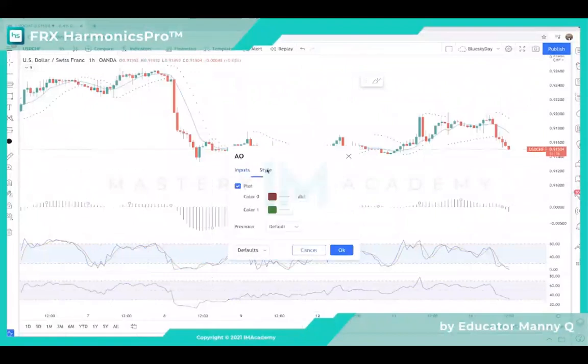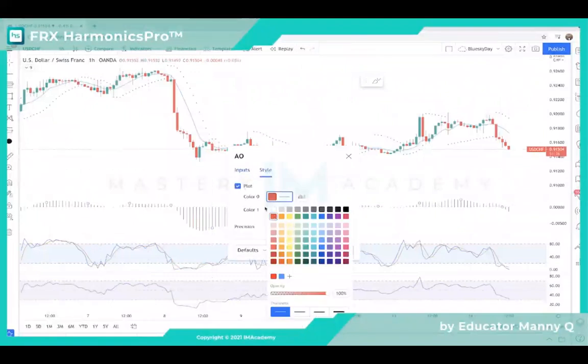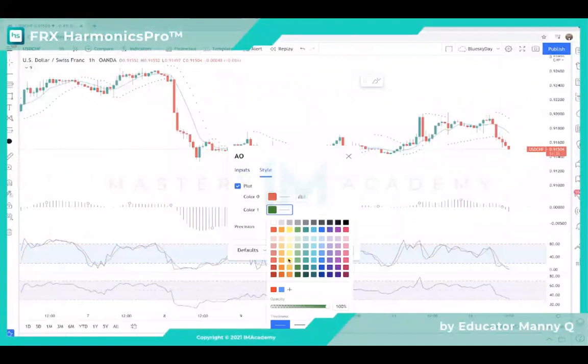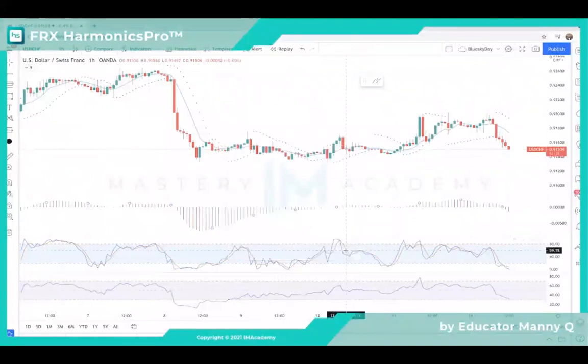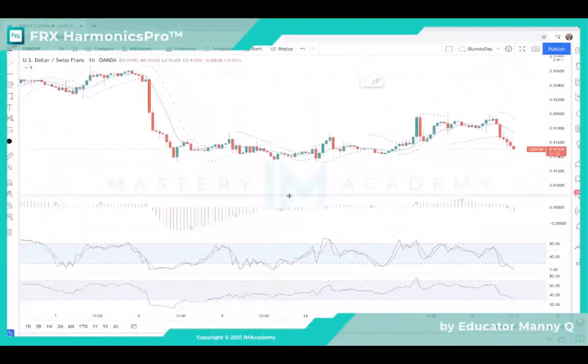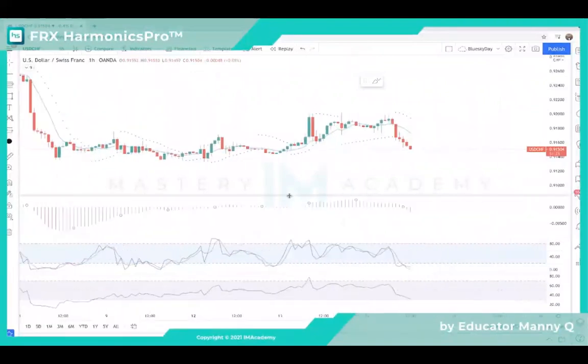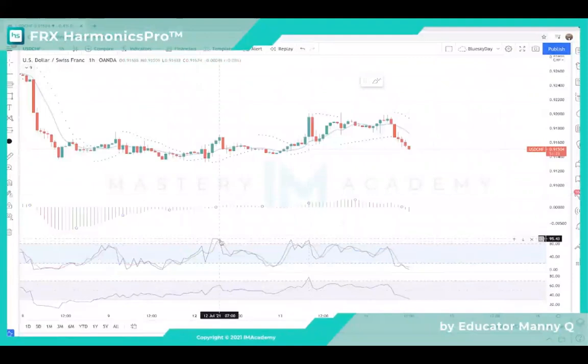And let me just change these colors because these colors are so dark, they are depressing. All right. Okay, there we go. Now we also have momentum indicators. So these help us understand if a price is overbought in a particular asset, or if it's oversold in a particular asset.